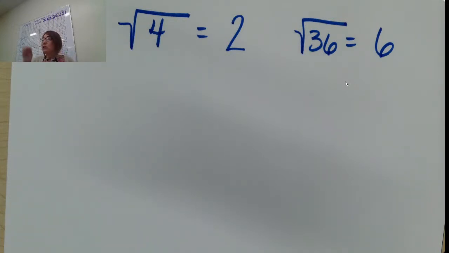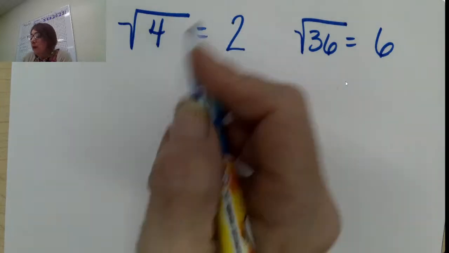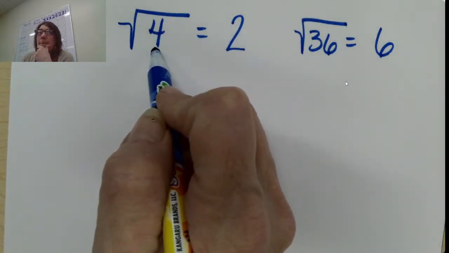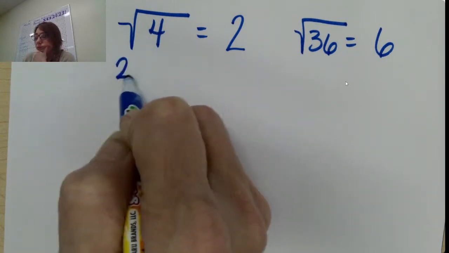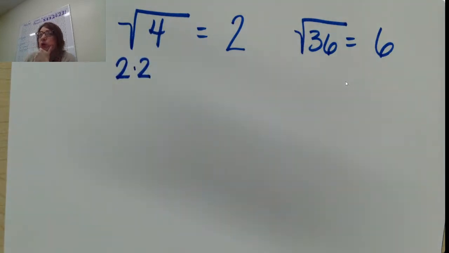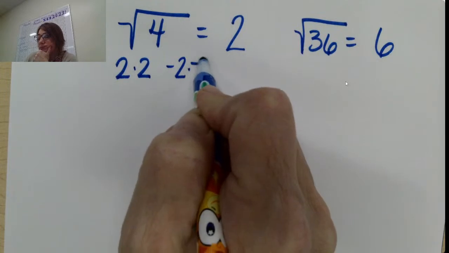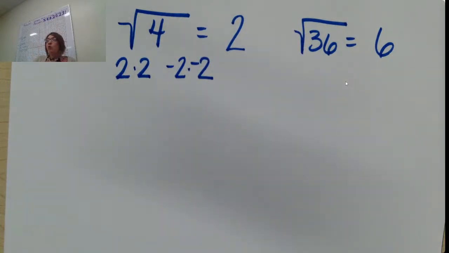Now I'm going to backtrack just a little bit. What number times itself is 4? Is that the only option? So, do y'all remember when you learned about square roots the first time?